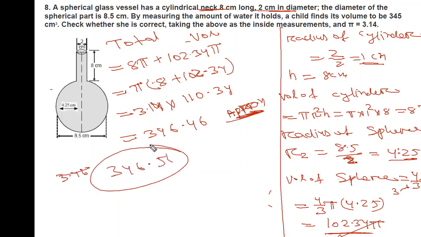So we found 346.46, but in the question it is given 345. The child has found the volume to be 345, so we can say the volume is not exactly correct, but the volume the child has found is nearly correct, approximately correct, but not exactly correct. So the volume will be somewhere near 346.46. So this will be your answer.